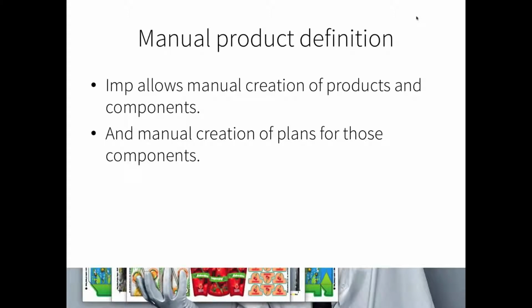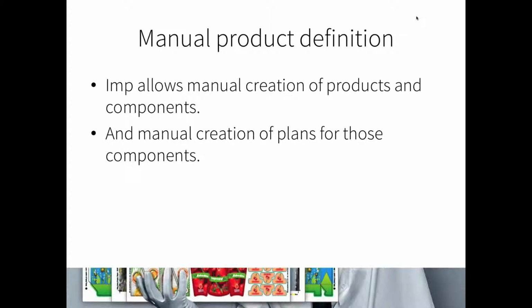Okay, so that being said, that's the introduction, and I think we can start by looking at IMP a little bit. So what does IMP do from a manual point of view? Well, it allows creation of products and components, of course, and then it will automatically, or in this case manually, create a plan.